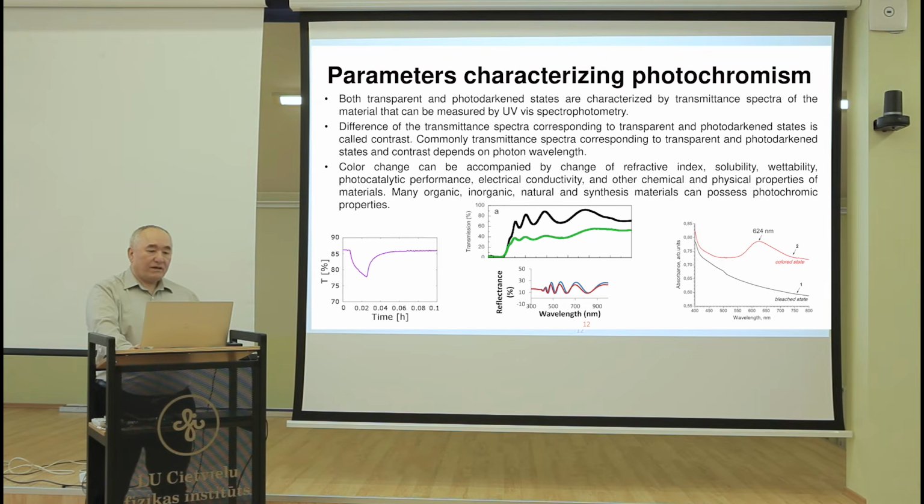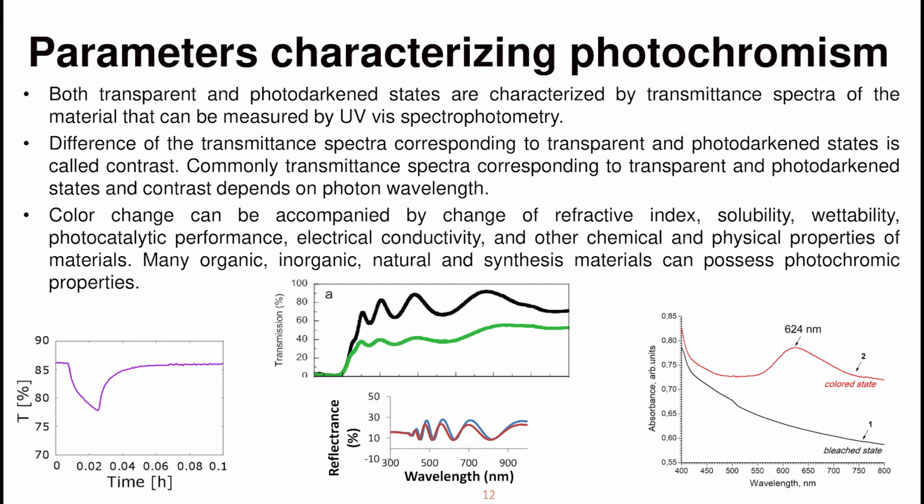Then the other parameter is color change time, or what we call coloration time. When sunlight falls on the transparent film, the color changes. The point is how fast it changes. This is important. It's very good if the color change takes just a few seconds.